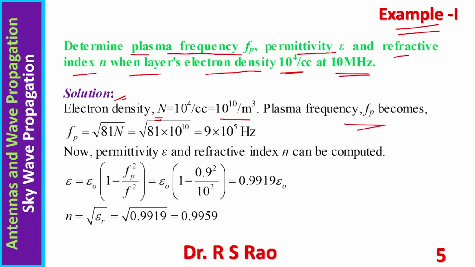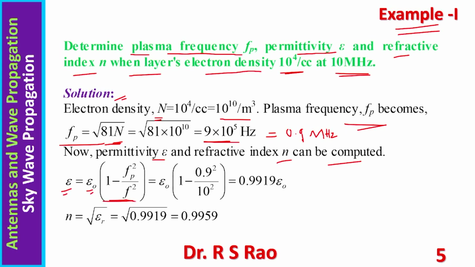Then plasma frequency fp can be found using the formula fp is equal to square root of 81 N. N is available. Substituting the available value for N in this expression, we get plasma frequency as 9 into 10 power 5 Hz, or it is 0.9 megahertz. Now permittivity epsilon and refractive index n can be computed. Permittivity is product of two factors, absolute permittivity and relative permittivity.